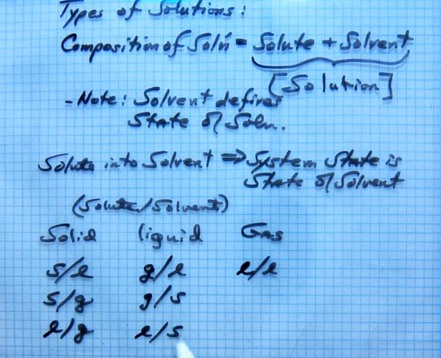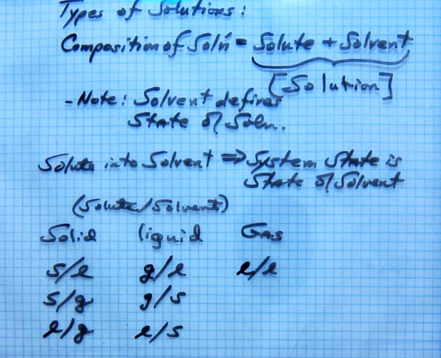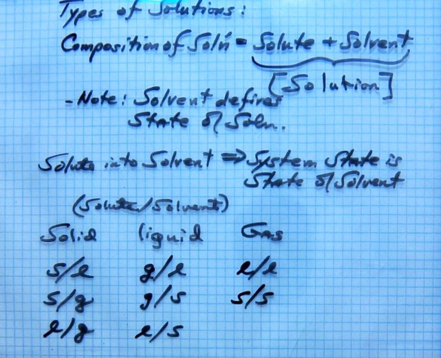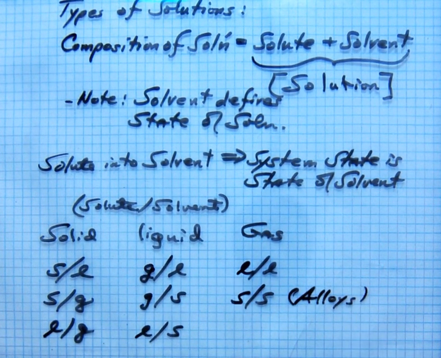We've got a gas and a solid, a liquid and a solid. Oh, a solid and a solid. Forgot about that one. Solids in solids are alloys. An amalgam. Anybody know what an amalgam is?